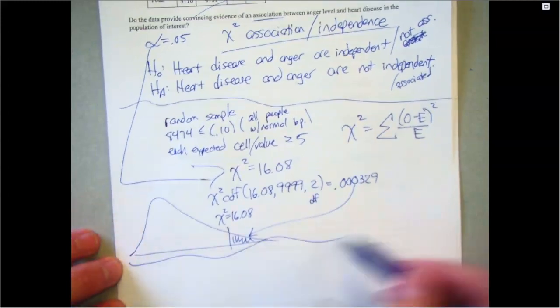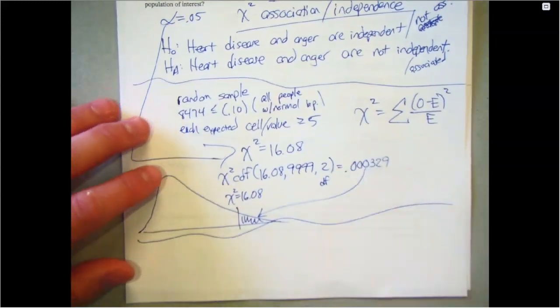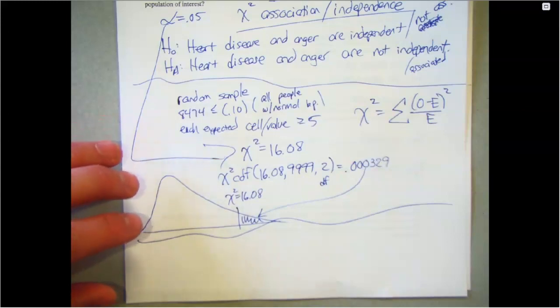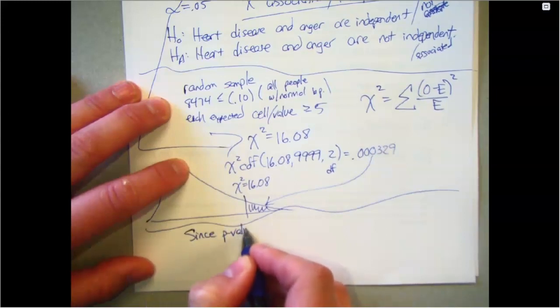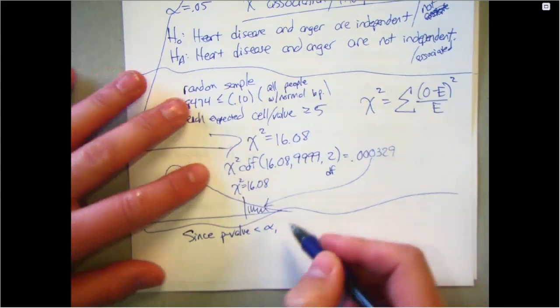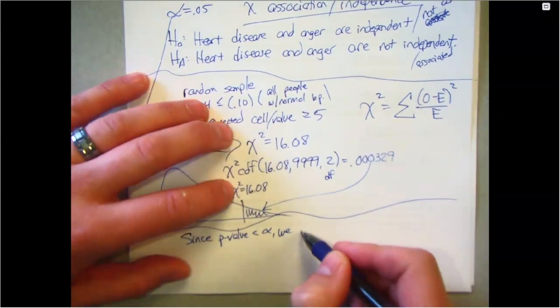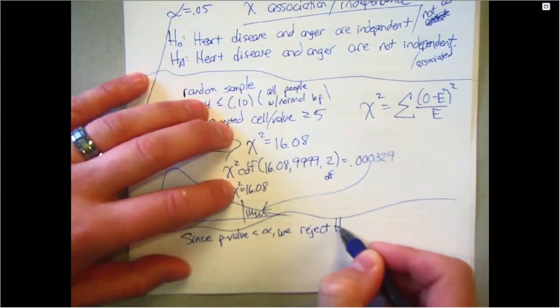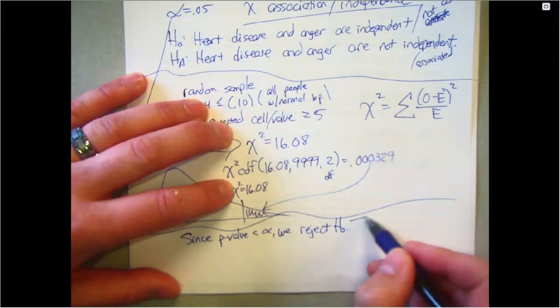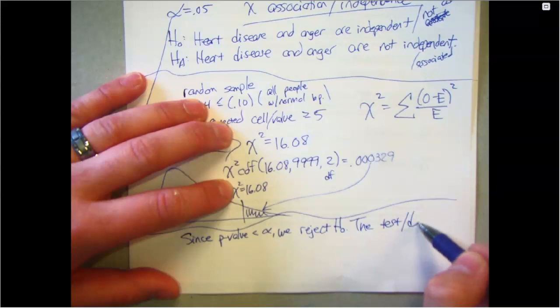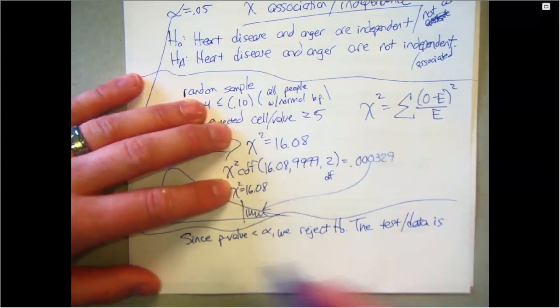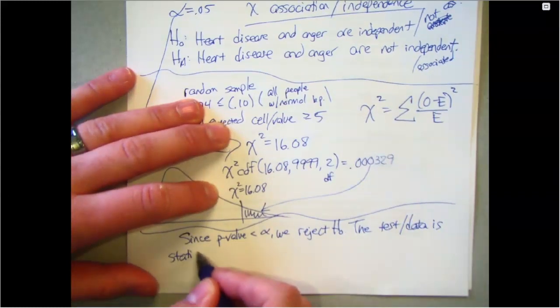And then the conclusion. So that's a very small p-value. So since the p-value is less than alpha, we reject H0. The test of the data is statistically significant.